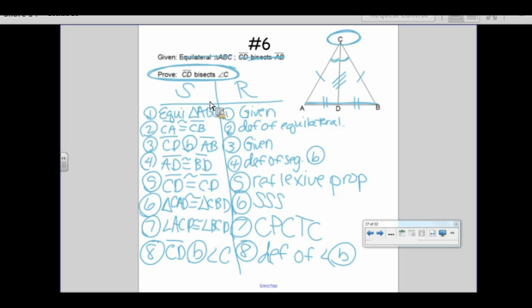The definition says, hey, if that segment bisects that angle, it creates 2 congruent angles. I'm kind of saying the opposite of that. I'm saying I have 2 congruent angles. Now I know that it's a bisector. So anyways, that was a challenging proof. That was an upper level, more challenging proof. And you'll do your review sheet, and we'll have our test tomorrow.